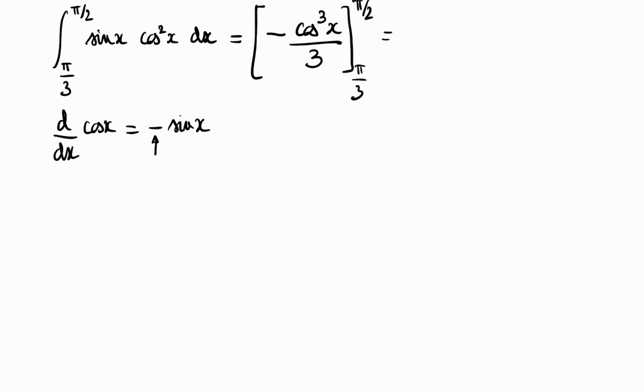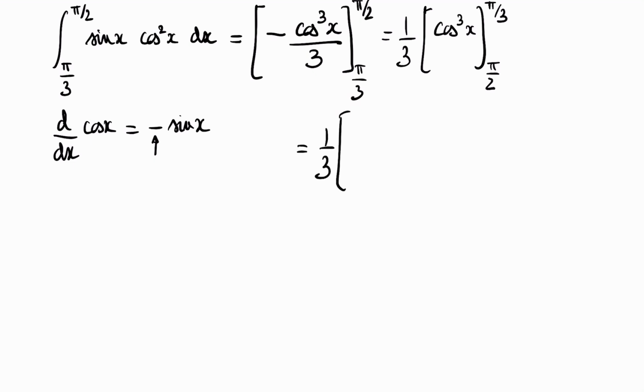I'm going to get rid of the minus sign by swapping the boundaries of integration, and removing the 1/3 coefficient, so that's cosine cubed of x between pi over 2 and pi over 3. So it's equal to 1/3 of cosine cubed of pi on 3 minus cosine cubed of pi on 2, which is 0.